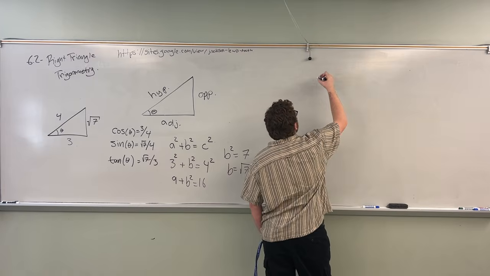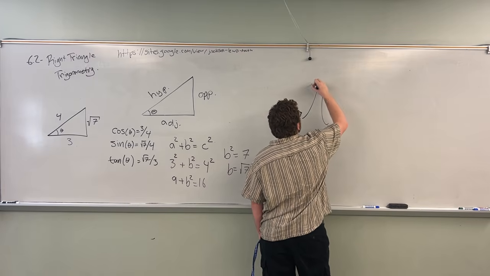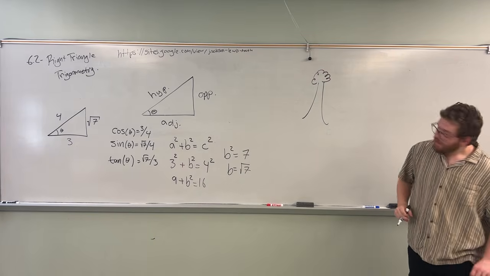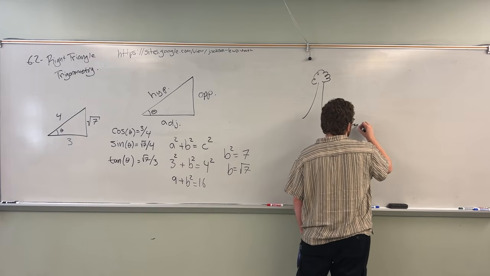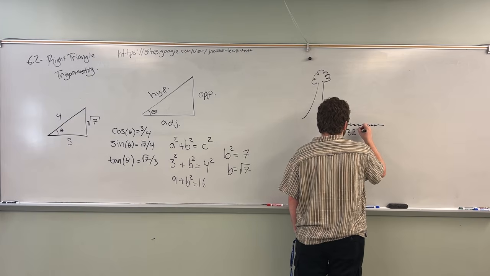So our first example is I have some tree. Beautiful tree. And the shadow that it casts is 532 feet.